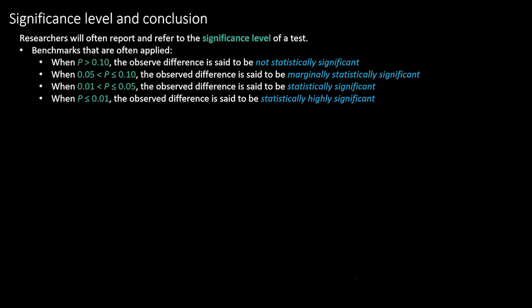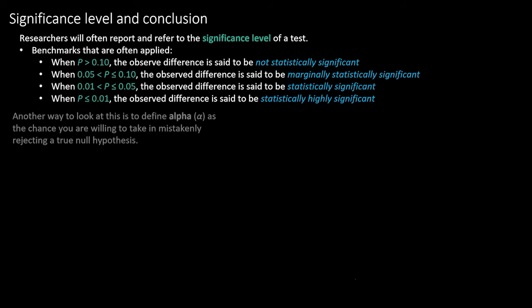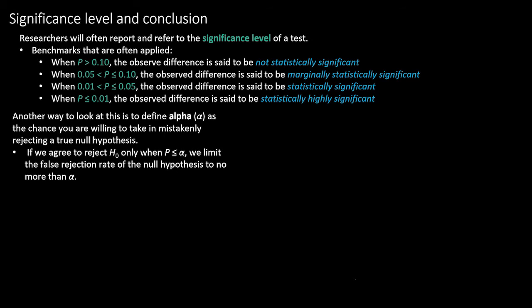Another way to look at this is to define alpha as the chance that you are willing to take in mistakenly rejecting the true null hypothesis. If we agree to reject the null hypothesis only when p is less than or equal to alpha, we limit the false rejection rate of the null hypothesis to no more than whatever our significance level is.